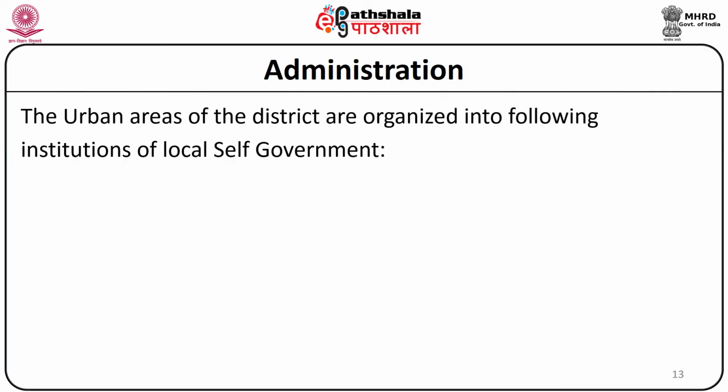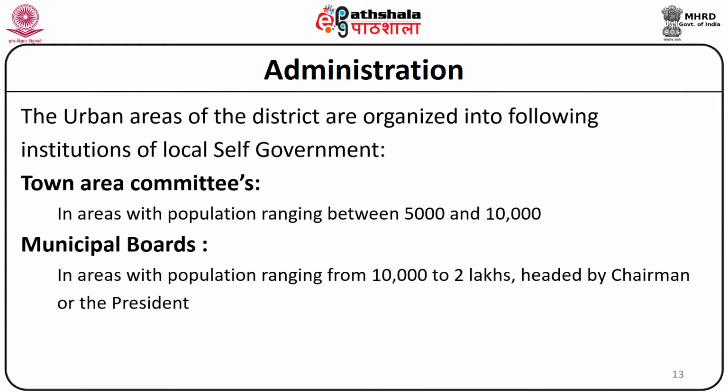Now, to continue to the urban part, we were looking at the rural part, and we are now looking at the urban section. In the urban section, areas of the district are organized into the following institutions of local self-government. That is, we have the town area committees.